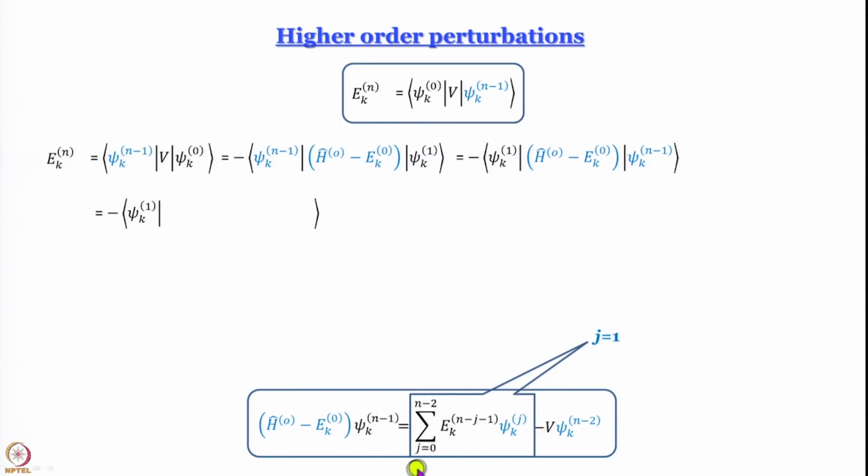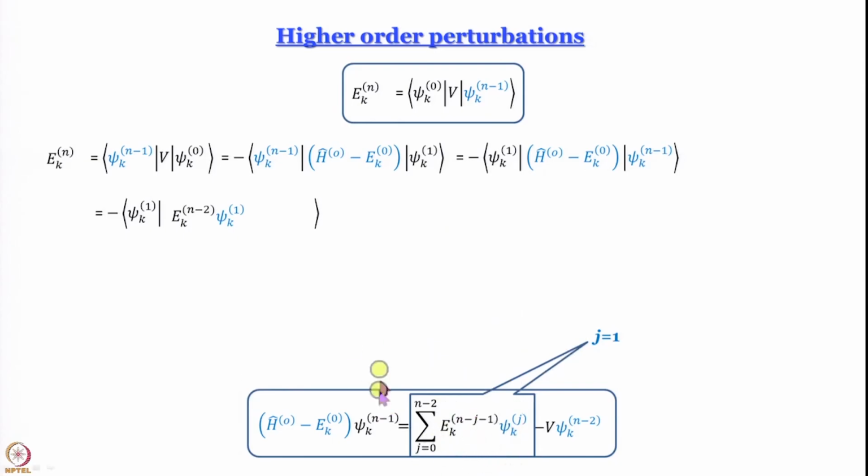So, when I put j equal to 1, what do I get? The only energy term that survives is E k, which E k? Nth, right, nth order correction to your energy. So, well, n minus 2th, because, sorry, I made a little mistake, there is minus 1 here. So, n minus 2th.